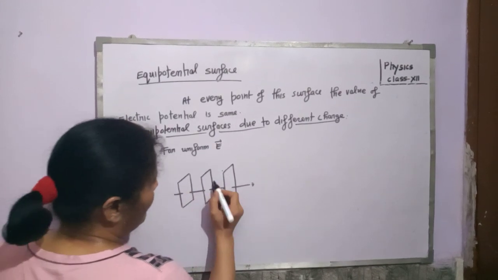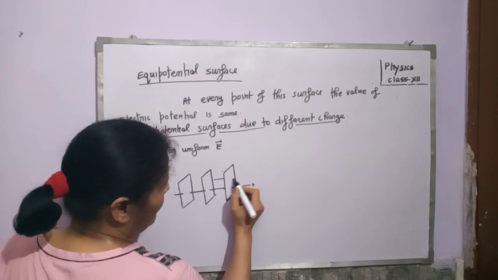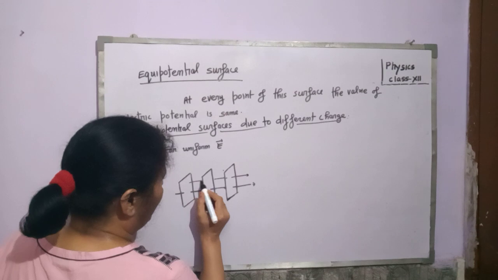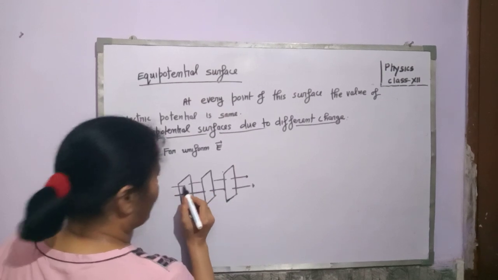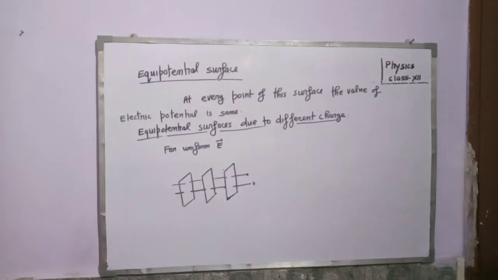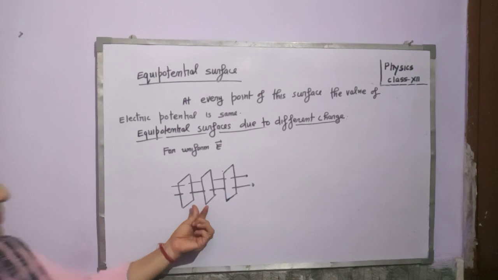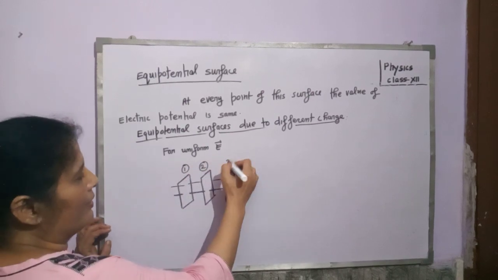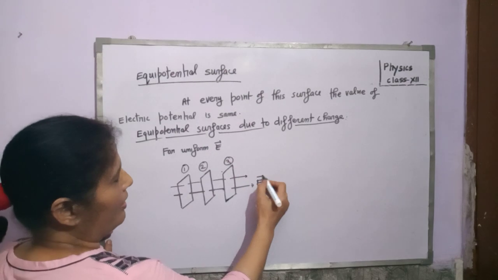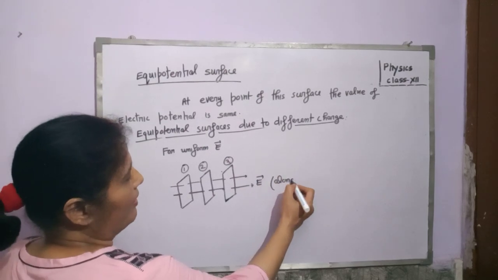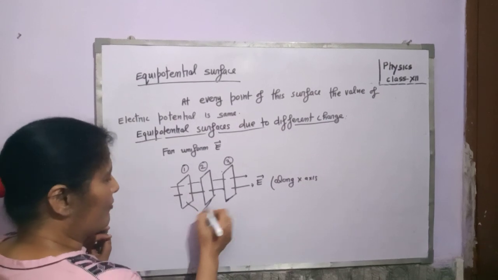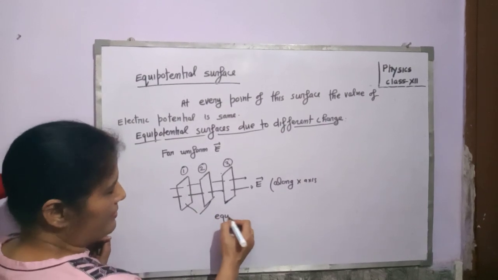You can draw all the others also in this manner. The electric field is perpendicular to the equipotential surface. This is the first equipotential surface, second, third. The direction of the electric field is along the x-axis. Then the equipotential surfaces will be equally spaced.